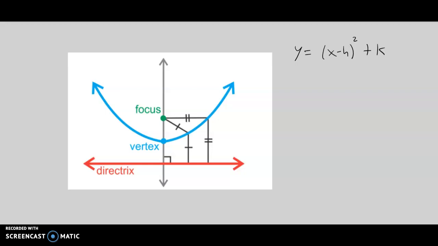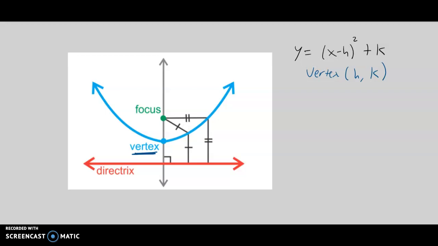The coordinates of your vertex are at h comma k. Whatever you change the sign on inside the parentheses is the x coordinate, and k is the y coordinate of the vertex. That's easy to read from the vertex form of a parabola.